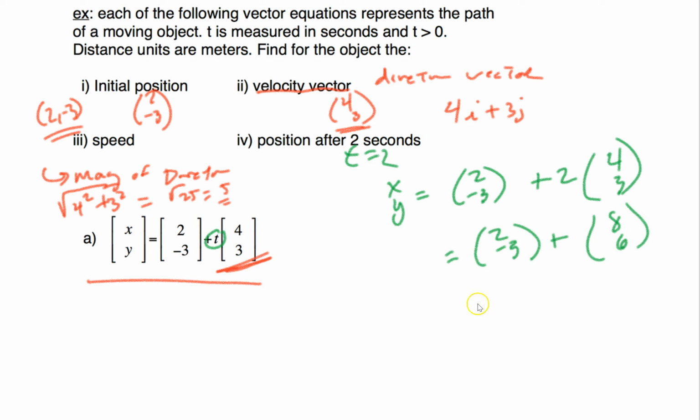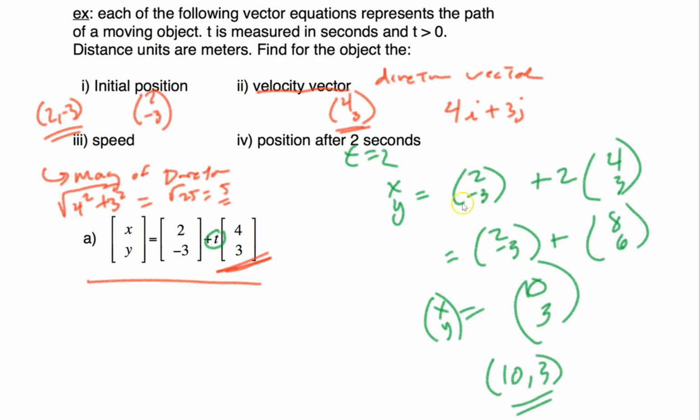To simplify, add up like terms. 2 plus 8 is 10. -3 plus 6 is 3. So that's my position. After 2 seconds, we're at (10, 3). We started off at (2, -3), but we're going 5 miles per hour basically, and we end up at (10, 3). So again, that's the basics of a vector equation.